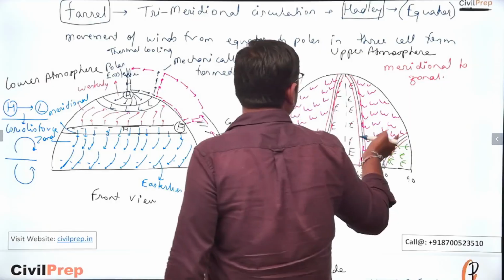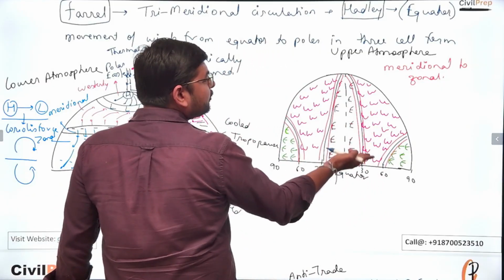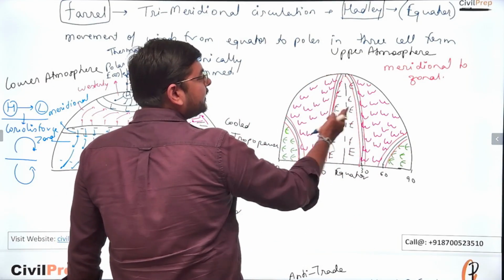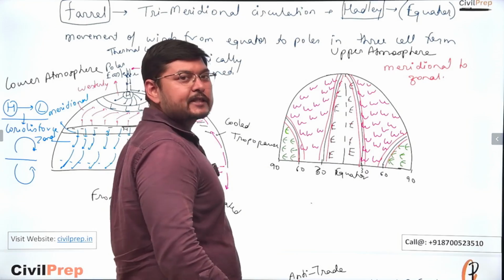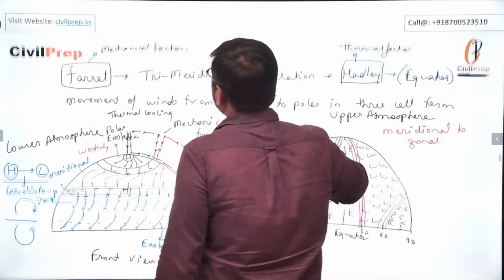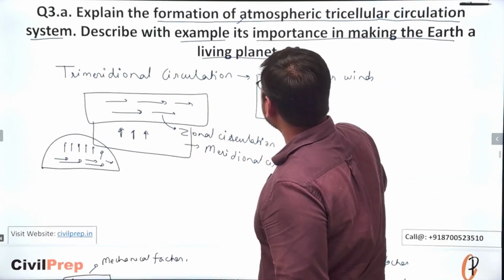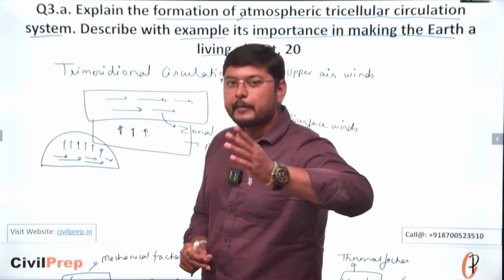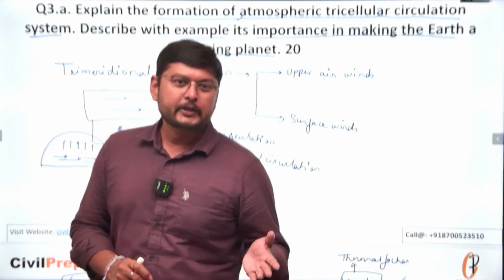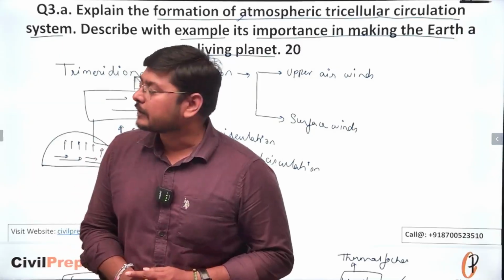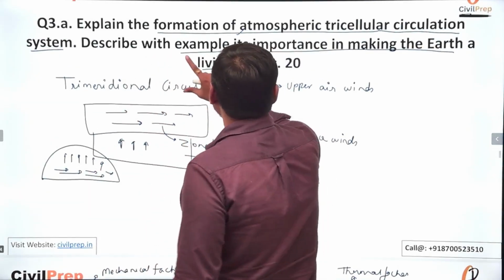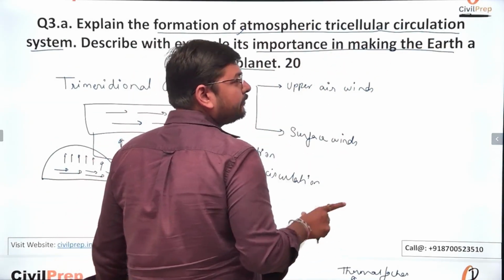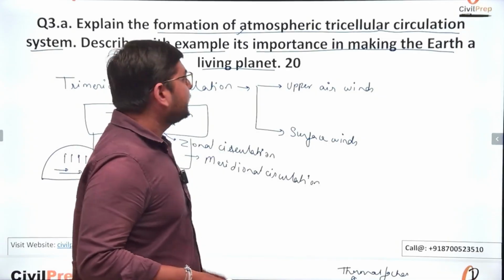Here we can understand from the lower atmosphere to upper atmosphere how the easterly and westerly components are working. Then we also need to explain the trimeridional circulation, how it is taking place, that is meridional circulation and zonal circulation and the pressure systems of the Earth. So in this way, we are able to explain this complete question.